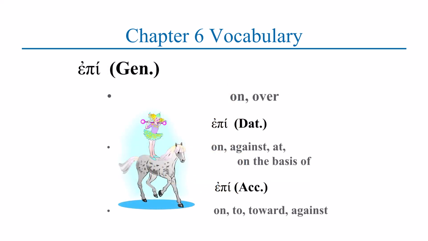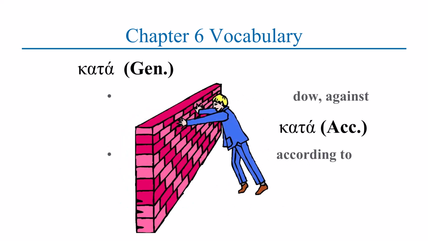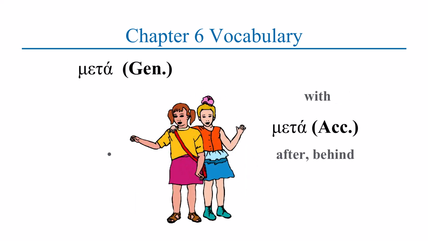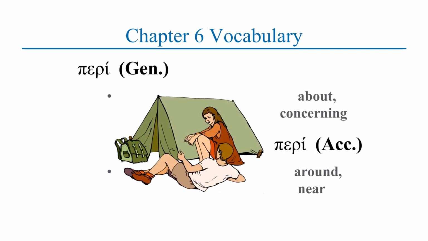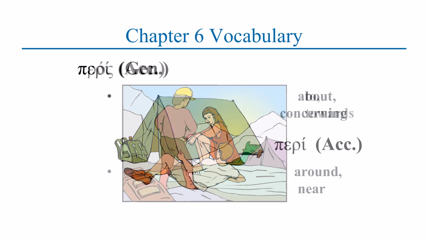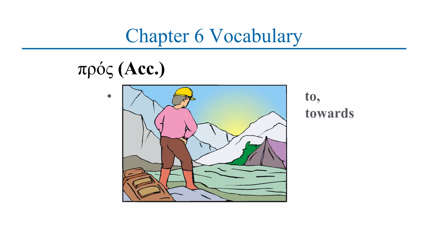Next is epi, meaning on or over. Next is kata, meaning against or down. Next is meta, meaning with. Next is peri, meaning about or concerning, and it can also mean around, depending on the case being used. Next is pros, meaning to or towards.